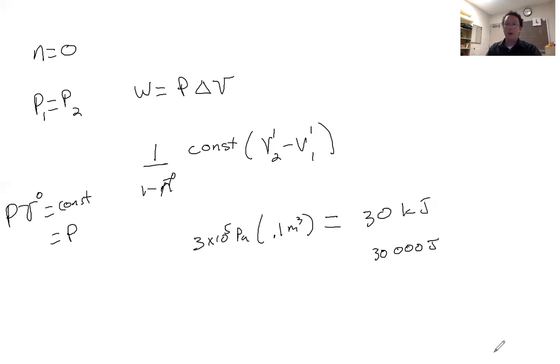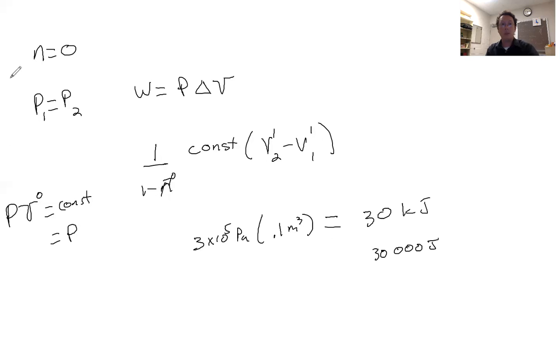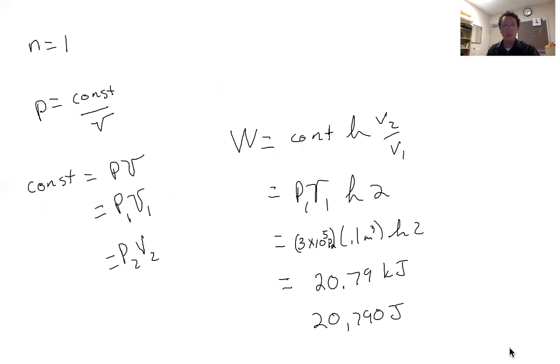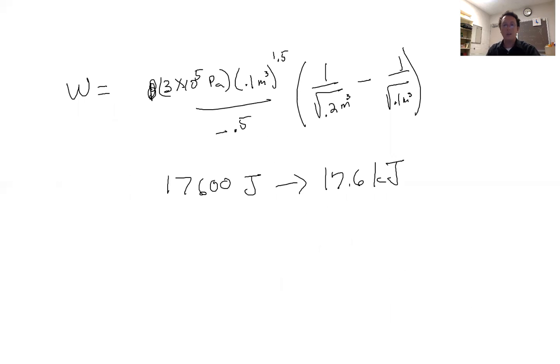So what do we find? At constant pressure, n equals 0, we find 30,000 joules, or 30 kilojoules. At n equals 1, we find roughly 20 kilojoules. When n equals 1.5, we found less energy, 17.6 kilojoules.